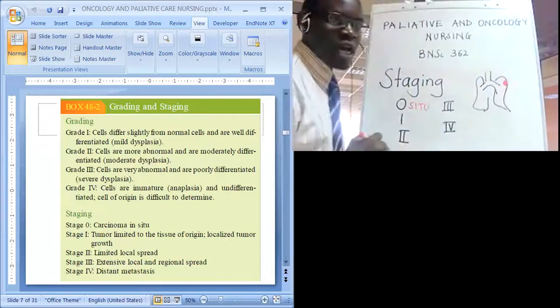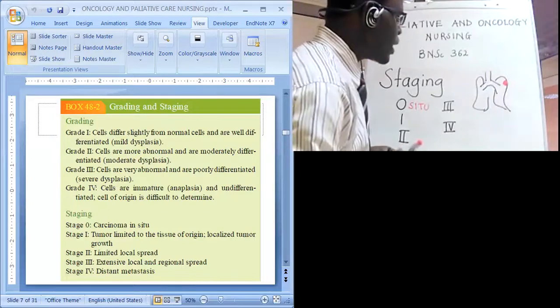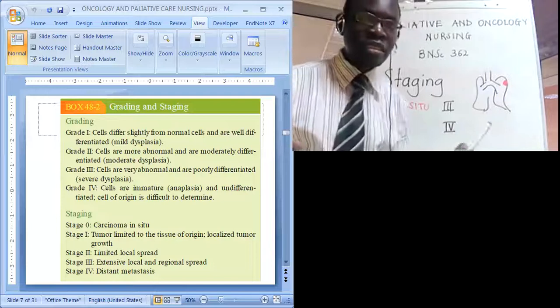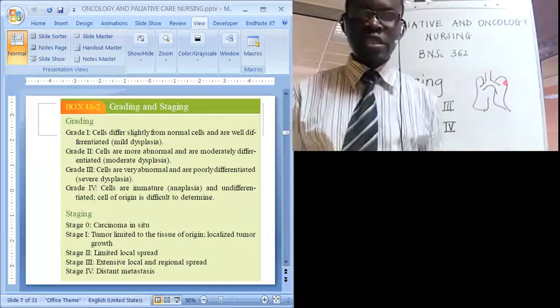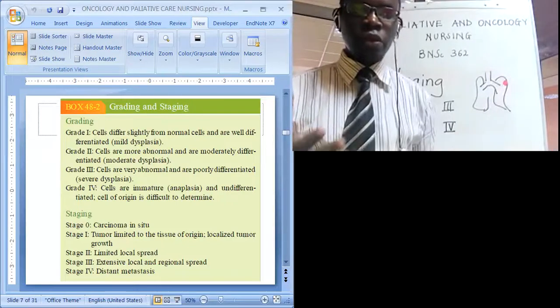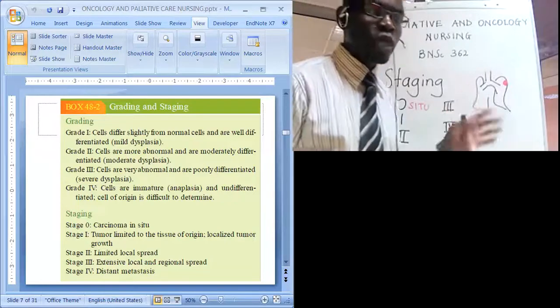Now when that tumor develops there, they do a needle biopsy. Some of the things they do when investigating cancers, one of them is what we call a needle biopsy.